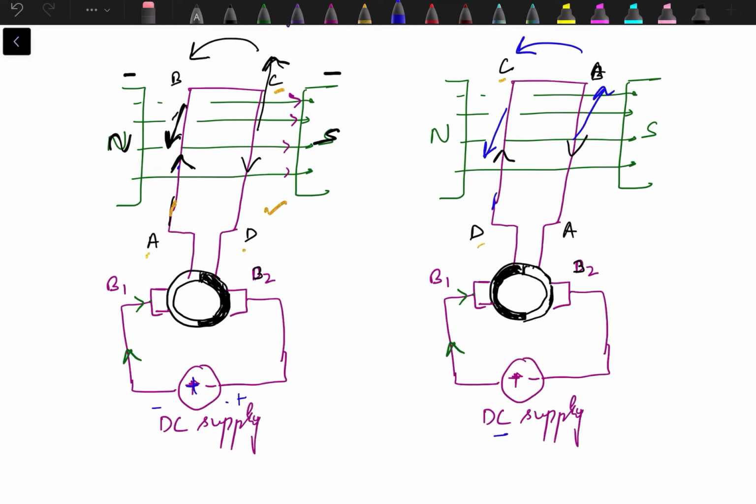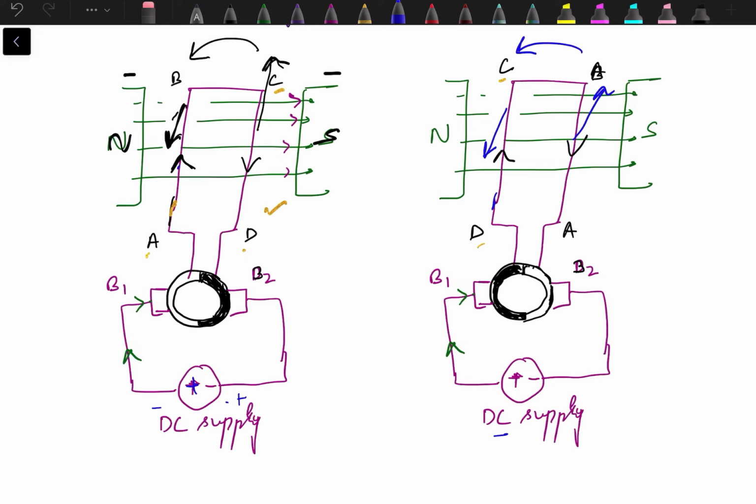So what we see over here, in motor and generator, the commutator has the function of changing the alternating quantity to direct current quantity. The currents which are actually alternating inside the armature conductor have the unidirectional flow through the load or from the source.